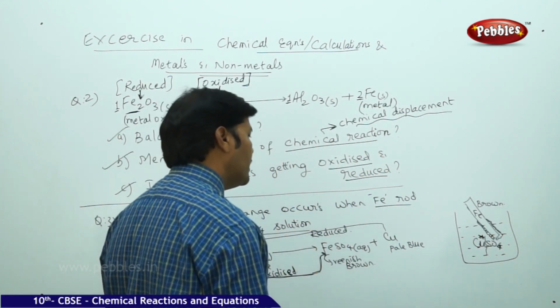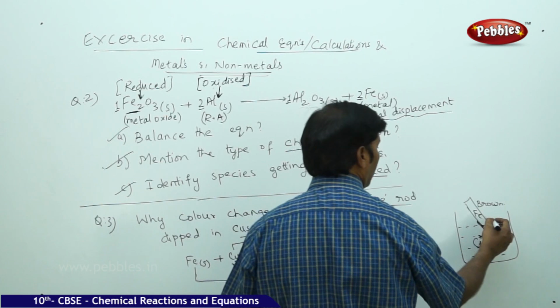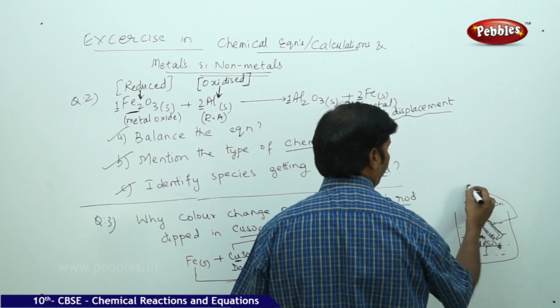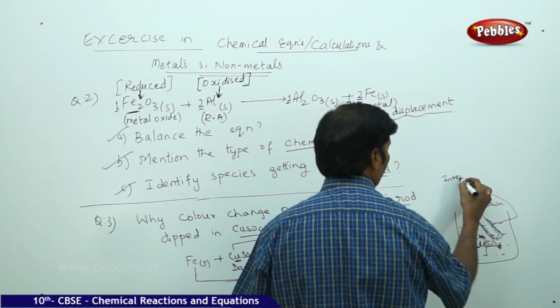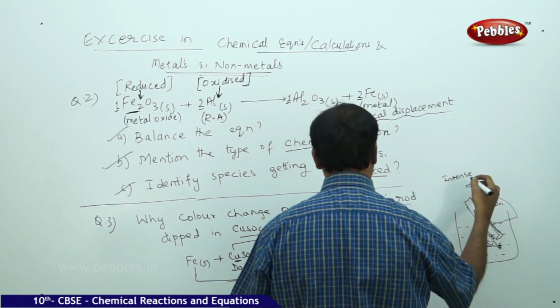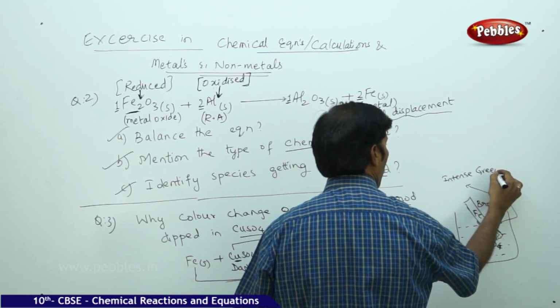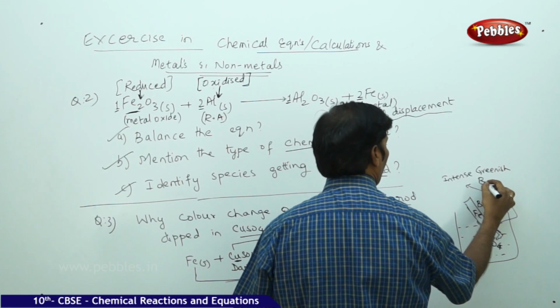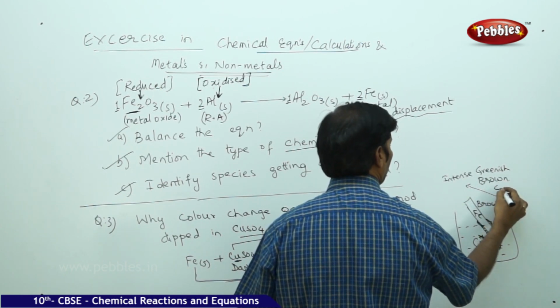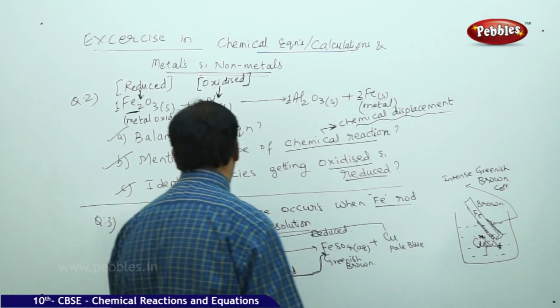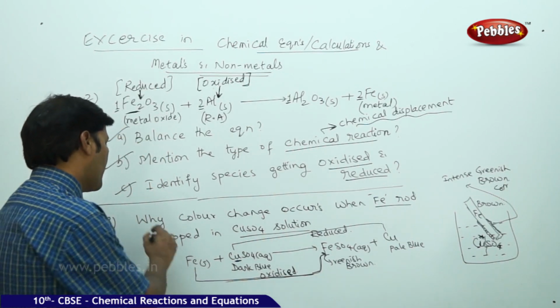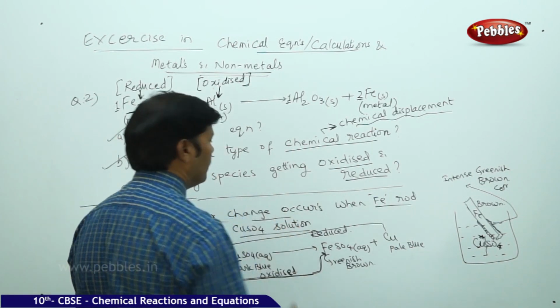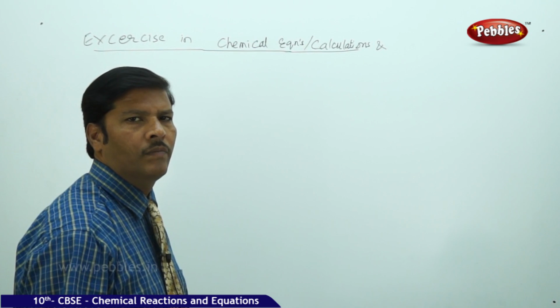The reaction takes place, and once the reaction is complete, it becomes the intense greenish brown color. Intense greenish brown color appears, and this is how we can answer the question.